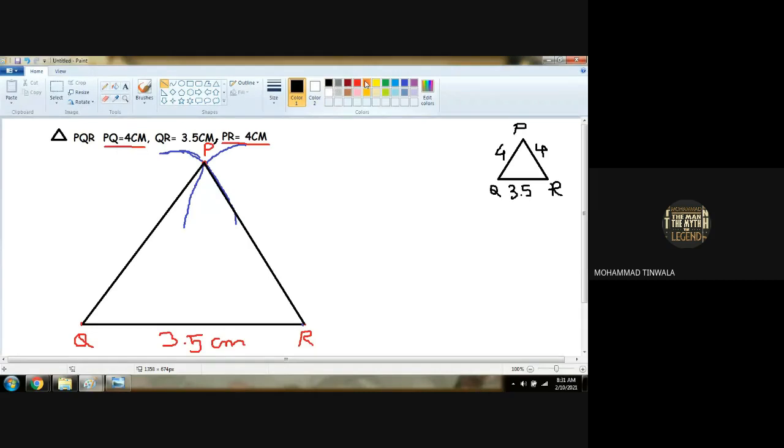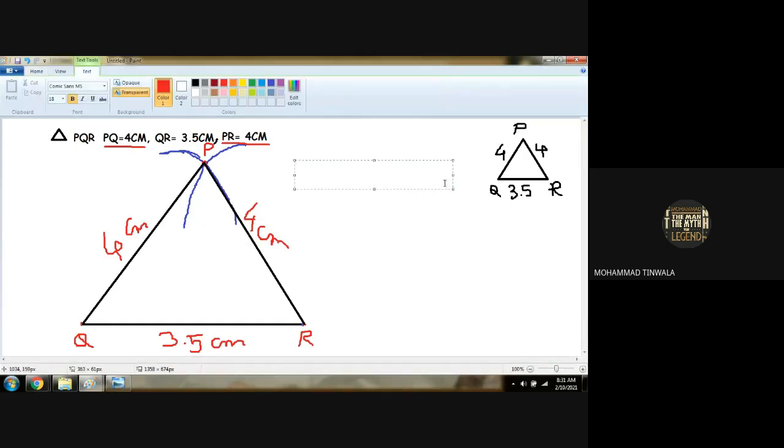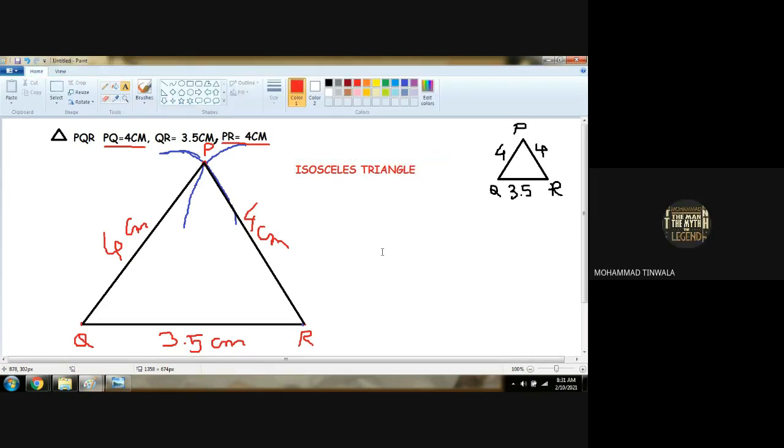What you are getting is 4 centimeter PQ, 4 centimeter PR. If two sides are equal, it is known as an isosceles triangle. What type of triangle is this? Isosceles. Anybody has any doubt with this? No, sir.